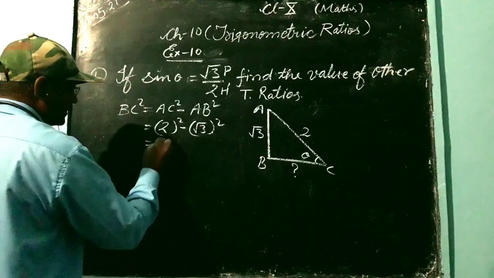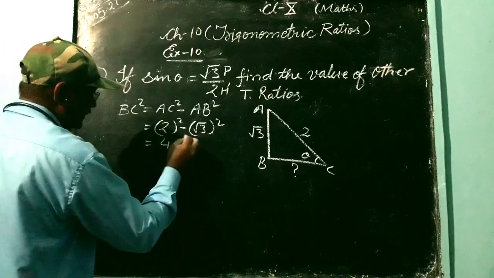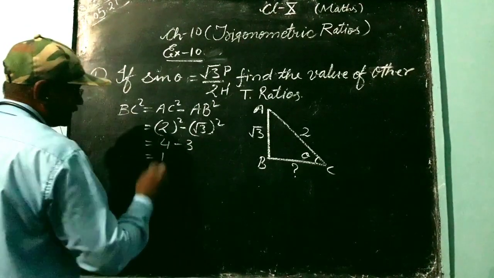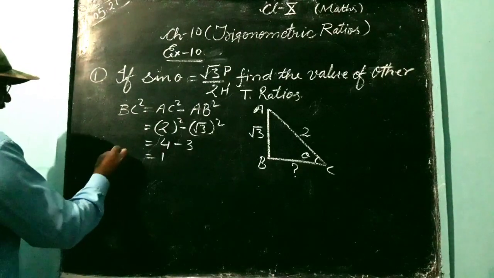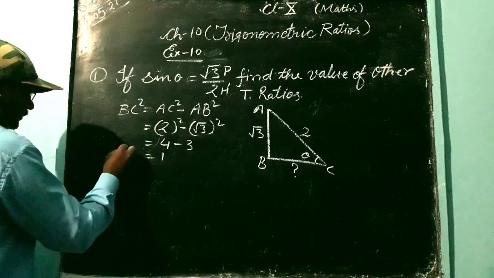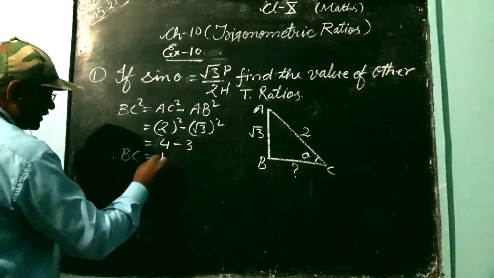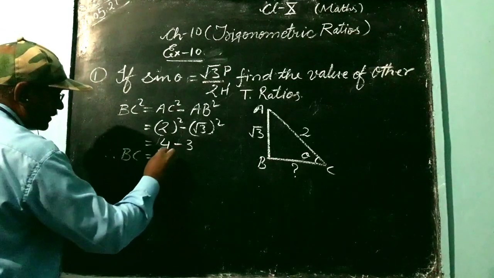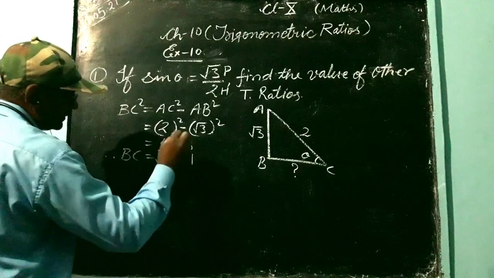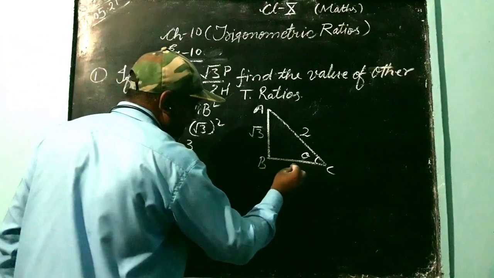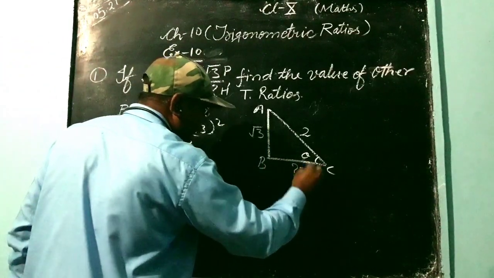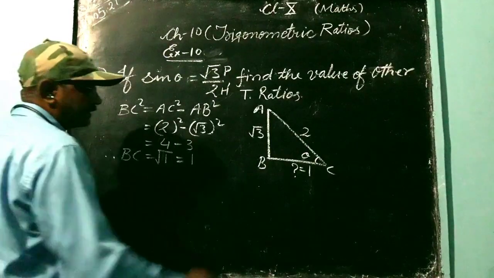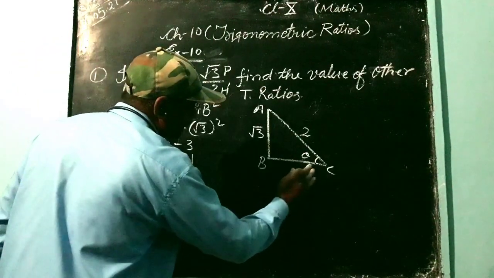Finally you will get 4 minus 3 is equal to 1. Therefore BC is equal to root 1, which is 1. In place of the question mark you will write 1.